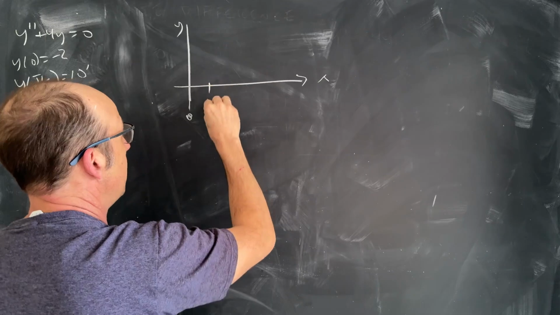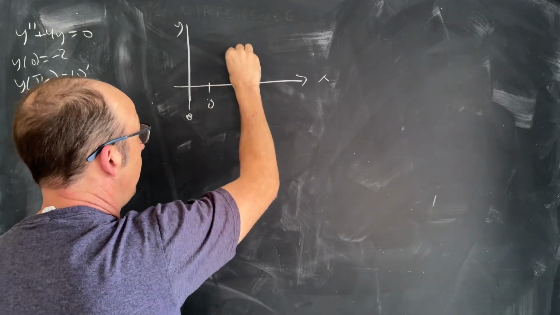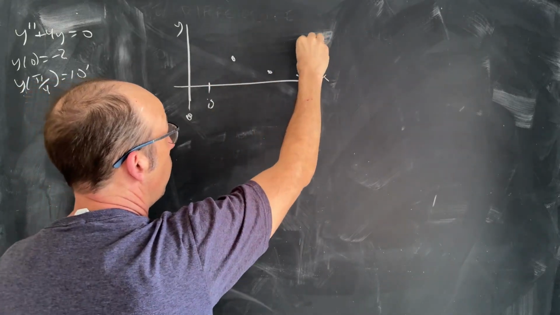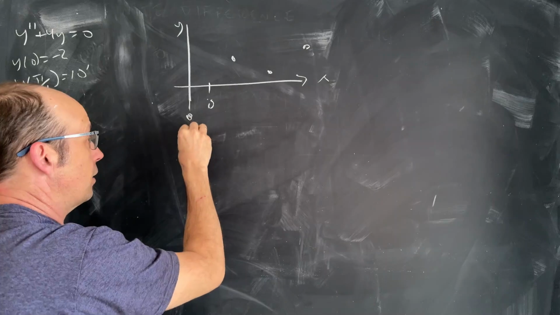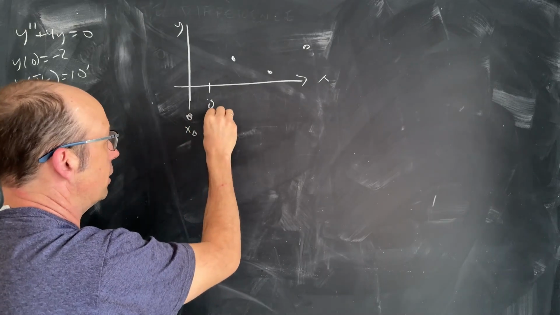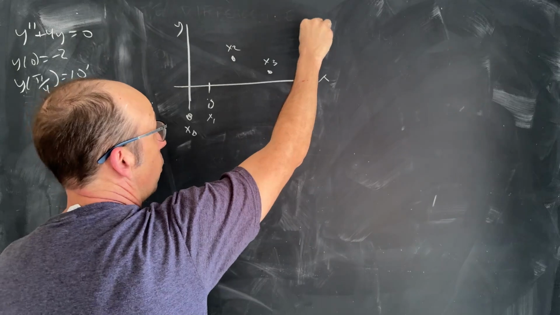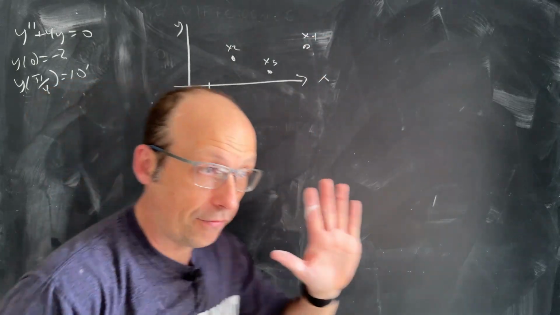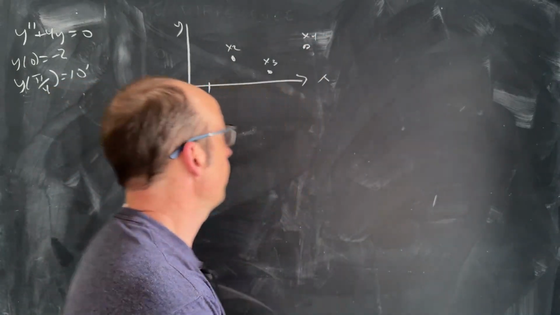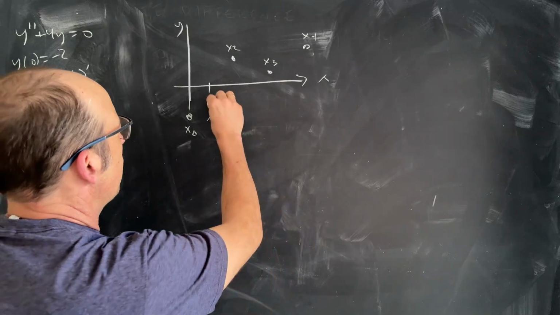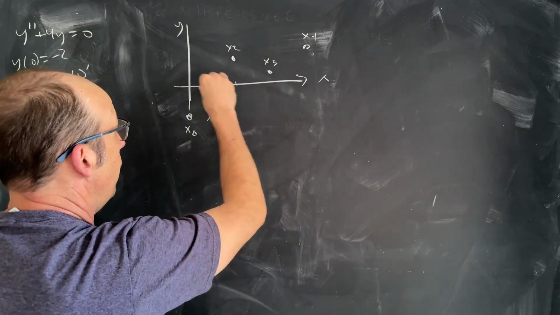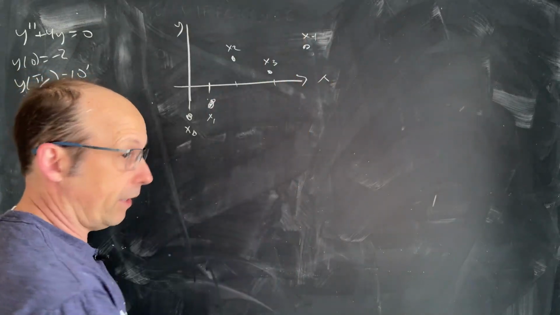And they're evenly spaced, so I just have some values up here for y. And so this is x0, x1, x2, x3, x4. So I have five values. I only have 5 values, okay? That's my data point right there. And they all have x values, and they all have y values.